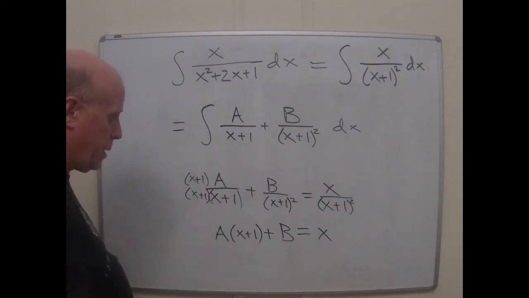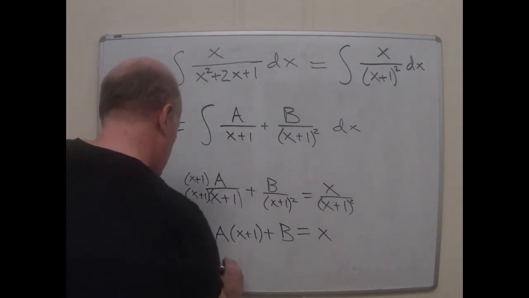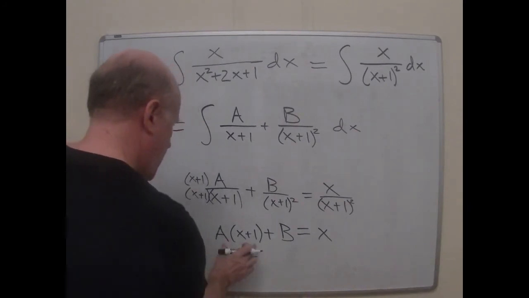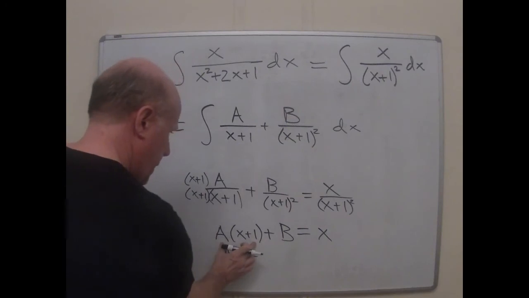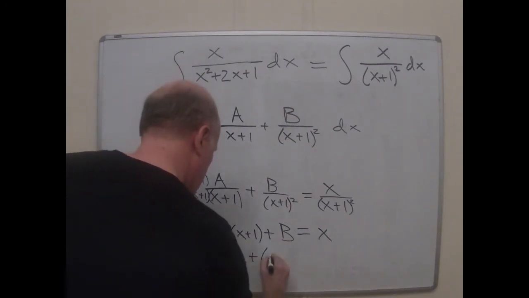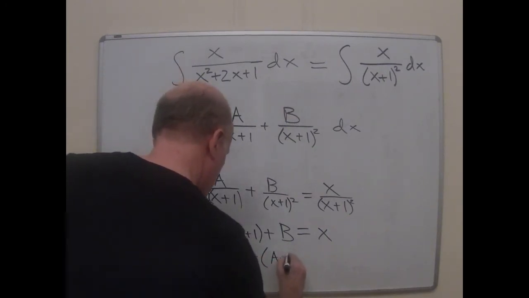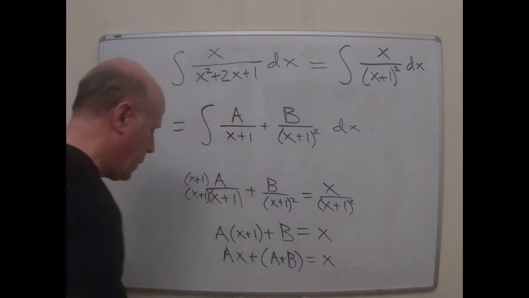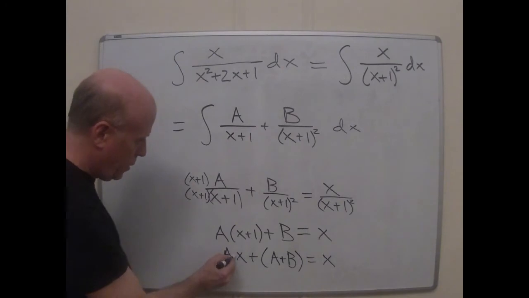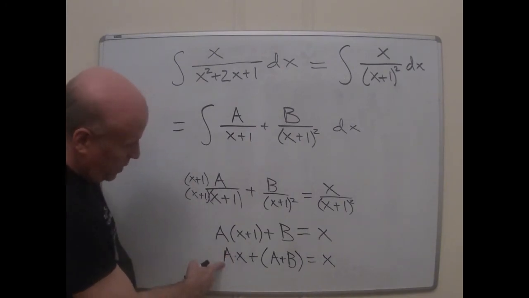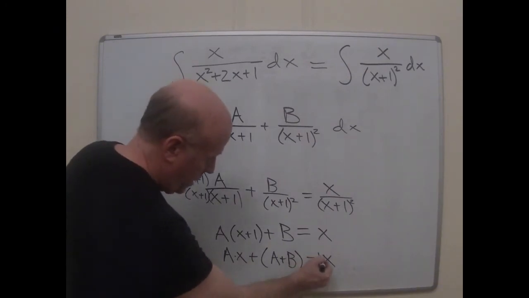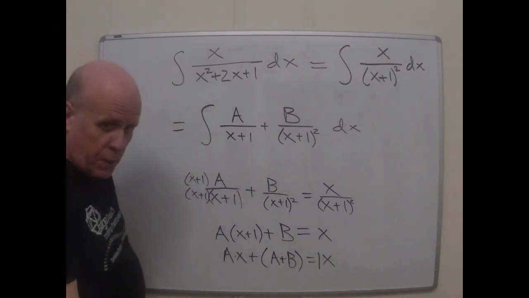All right, what does that say? That says that A times x plus A plus B, because you have an A there and a B there, is equal to x. So what do you deduce from that? Well, this one's particularly nice because it says A times x, and this has a 1 times x, so A must be equal to 1.